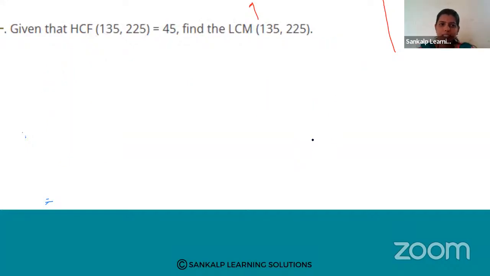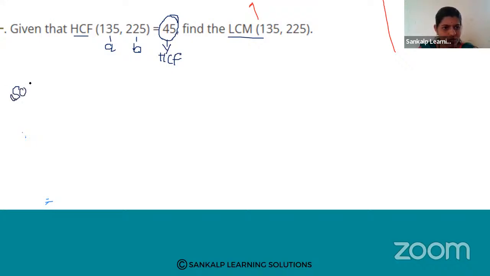Given that the HCF of two numbers 135 and 225 is equal to 45, find the LCM. So A and B they have given, HCF they have given, and we have to find the LCM.